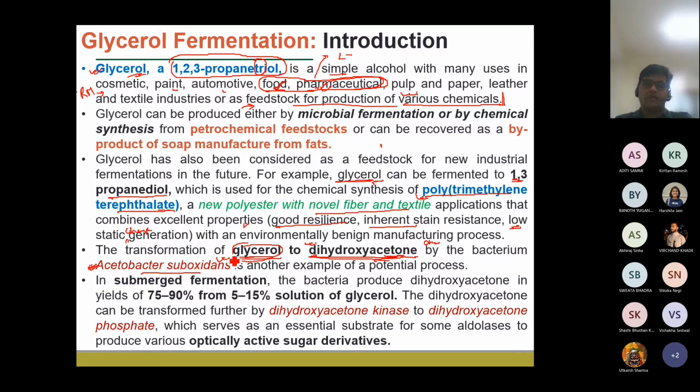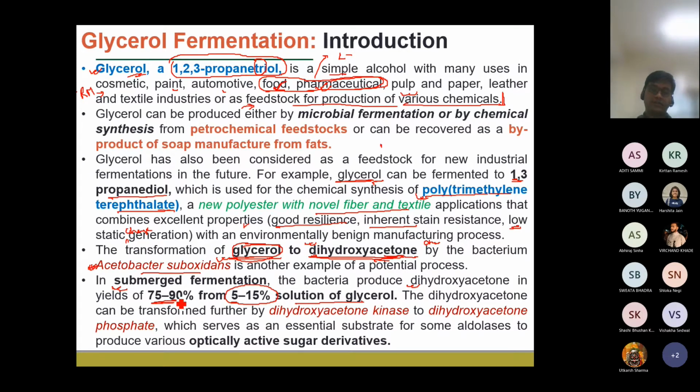Okay, and if you look into the fermentation type, the conversion of glycerol to dihydroxyacetone is generally carried out through submerged fermentation, and the bacteria produce it with a yield of 75 to 90%, with a starting concentration of glucose of 5 to 10%.